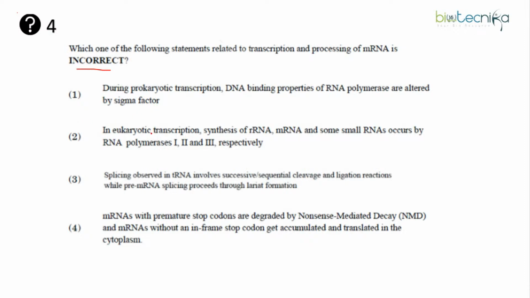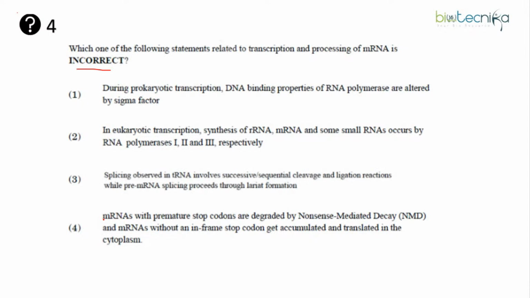In eukaryotic transcription, synthesis of rRNA, mRNA, and some small RNAs occurs by RNA polymerase 1, 2, and 3 respectively. Splicing observed in tRNA involves successive sequential cleavage and ligation reaction, while pre-mRNA splicing proceeds through lariat formation.